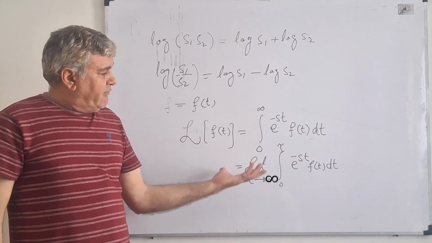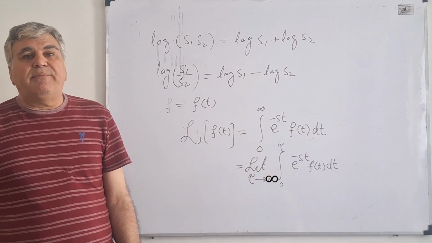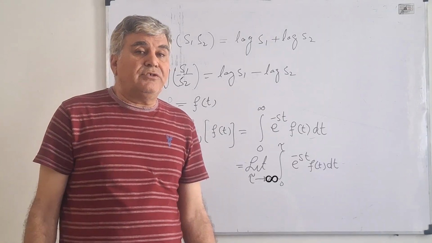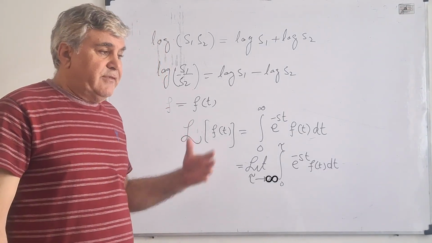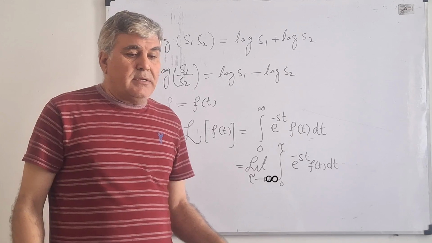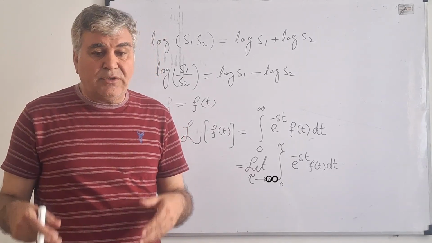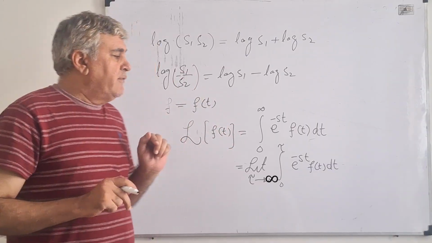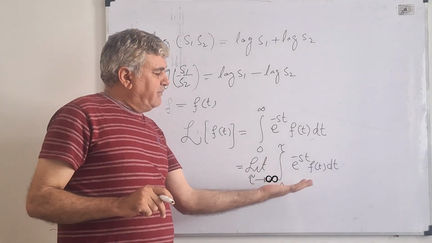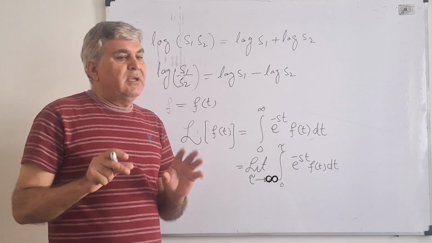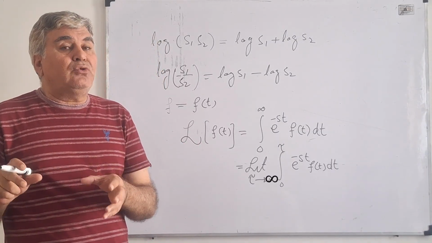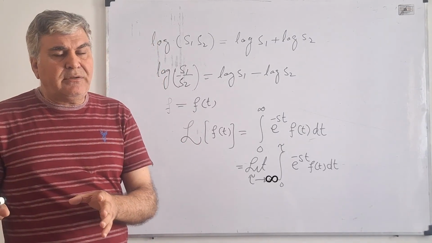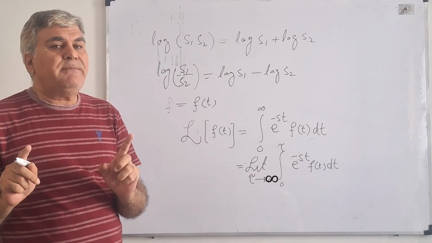So this is in fact the basic definition of Laplace transform that we use for the solutions of differential equations and ordinary differential equations. So now what's the procedure? In fact, it is a three-step procedure. First, through this definition, we transform the differential equation into an algebraic equation. That is the first step.